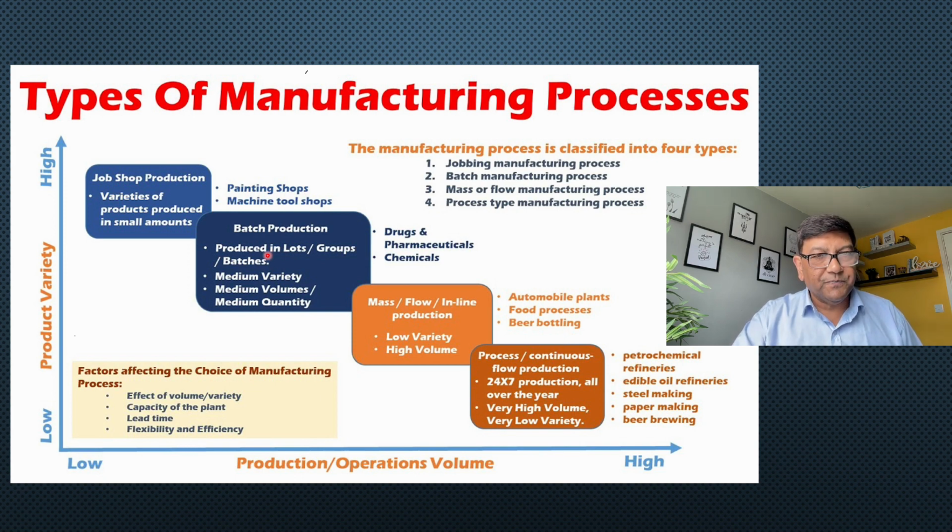Now how does batch production work? Again, as an example, take the car Kia, which has four different specifications in the Kia Sportage. They are not manufacturing 1000 pieces of spec 1, another 1000 pieces of spec 2, and another 1000 pieces of spec 3.